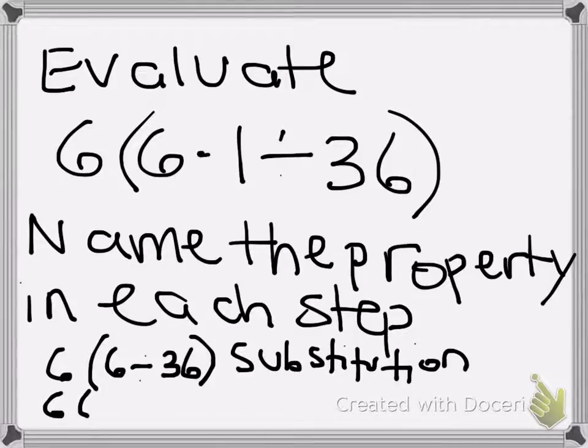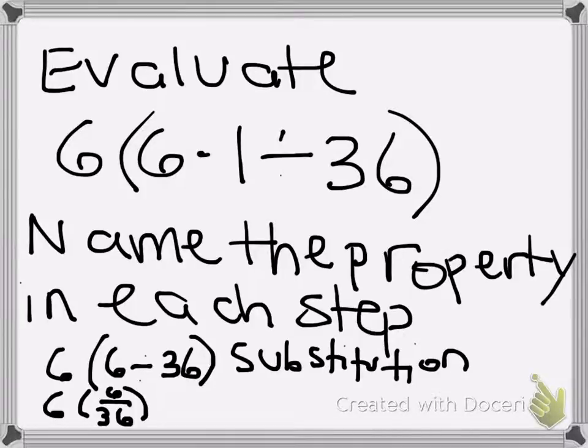So you have 6 over 36 and times that by 6, but you first need to simplify the fraction. So again, I did 6 divided by 36. All I did was change the form, so I actually didn't really use a property, but I'm going to simplify the fraction, which gives me 1/6, because I could divide both 6 and 36 by 6.